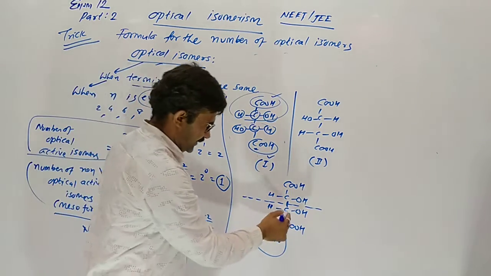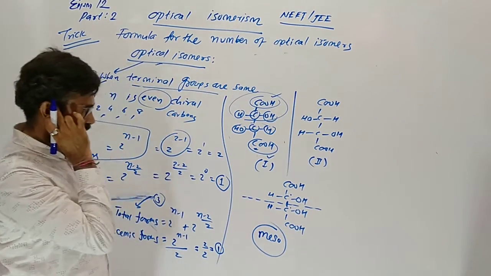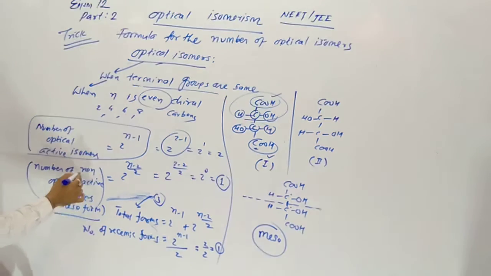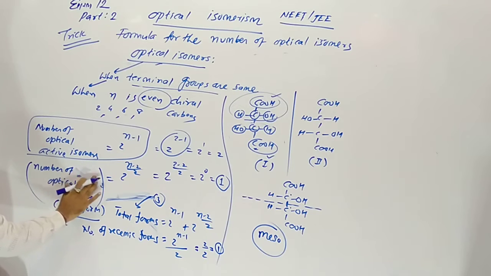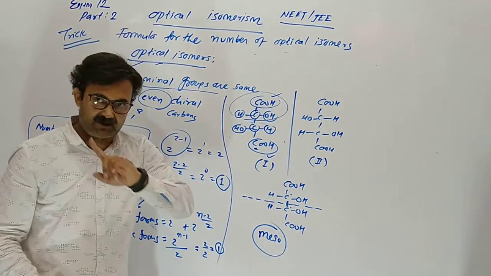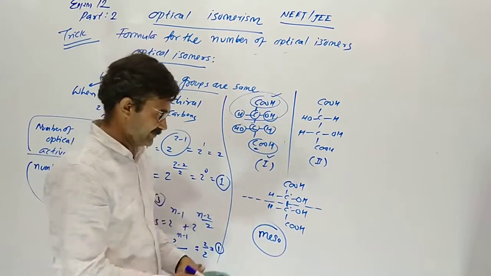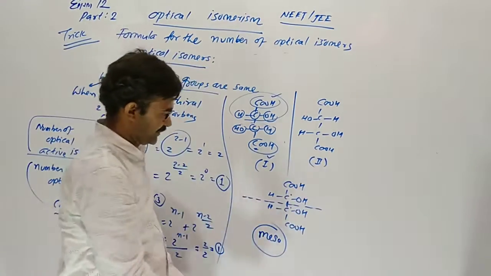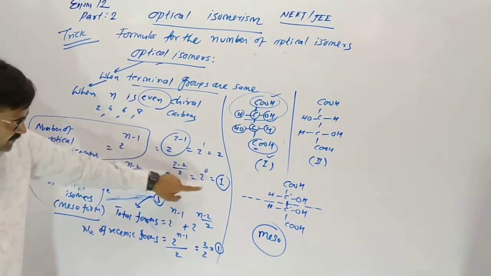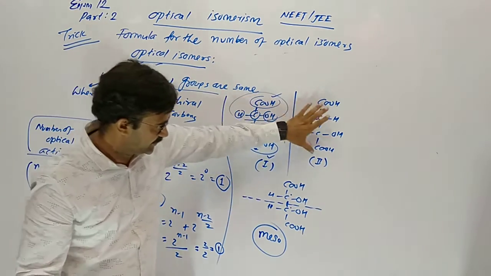Why? There is a chiral carbon but it is optically inactive. So the number of optically inactive, non-active isomers is 1. Meso is not optically active, so it has no mirror image. So total isomers are 2 plus 1. 2 are optically active, dextro and levo.